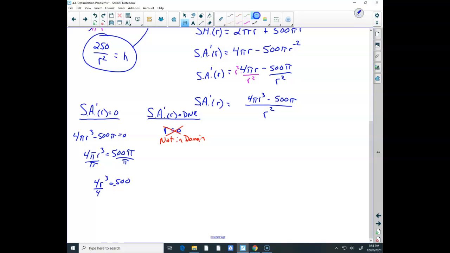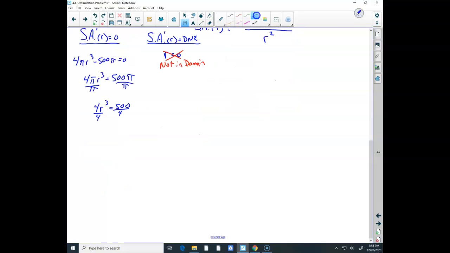Then I can divide out my 4. Yes, I could divide out the 4 pi all at once. I didn't because I didn't want to confuse anybody. So I know r cubed equals 125. Oh, didn't I say they're non-calculator? When they're non-calculator, they're going to work out nice, 5 centimeters.